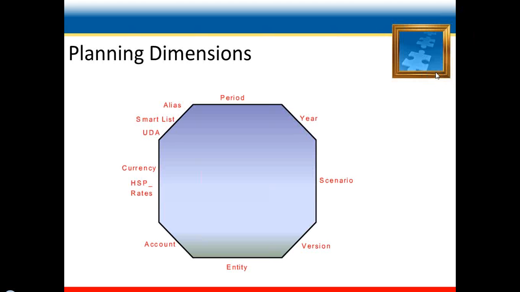The alias dimension is used to assign aliases to dimensions such as account and entity. Smart List dimensions are used to store predefined pick lists for data from cells. For example, you create a smart list called customer service level to support values such as gold, silver, and bronze.